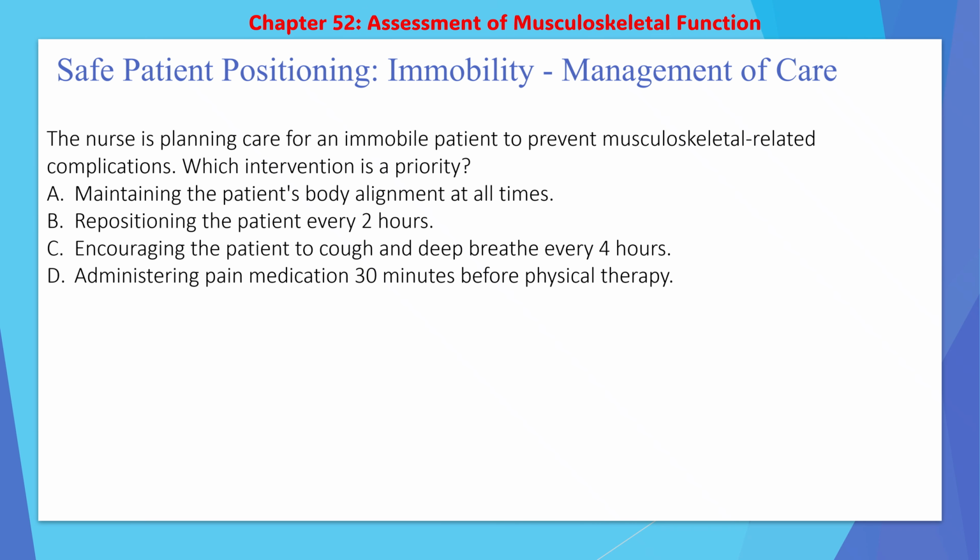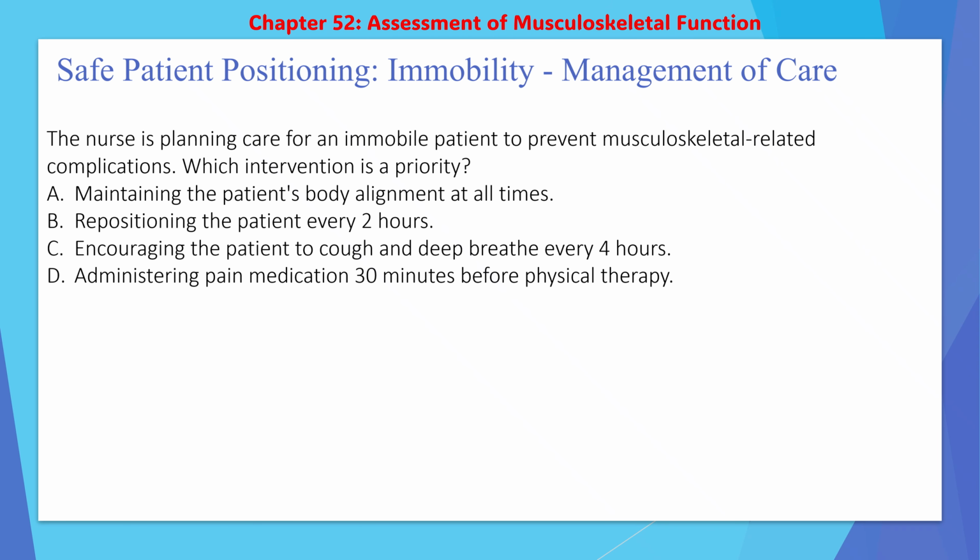Safe patient positioning, immobility, patient management of care. The nurse is planning care for an immobile patient to prevent musculoskeletal related complications. Which intervention is a priority?